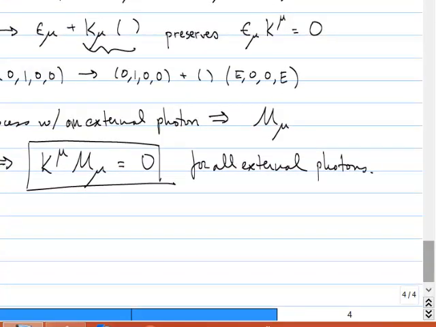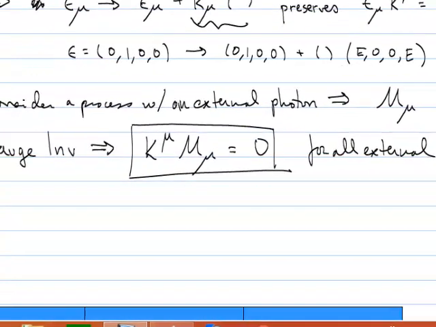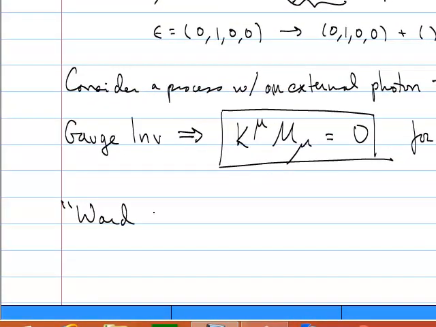So this is a very important feature of scattering in theories with symmetries, theories with gauge symmetries. It's known as the Ward identity.